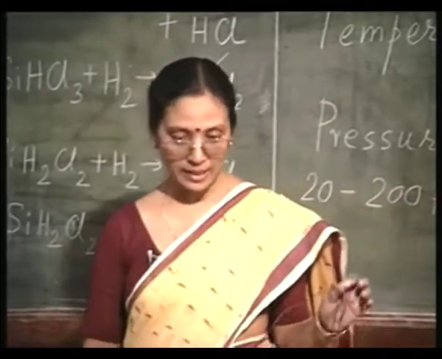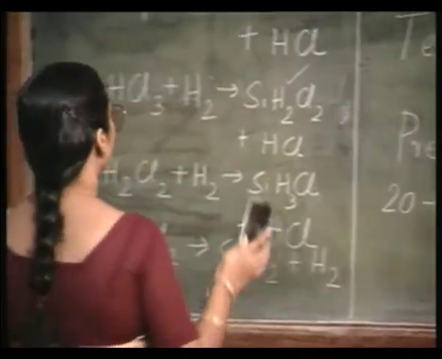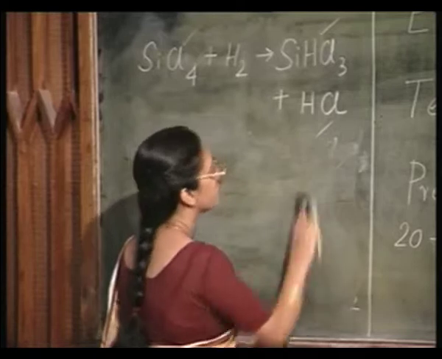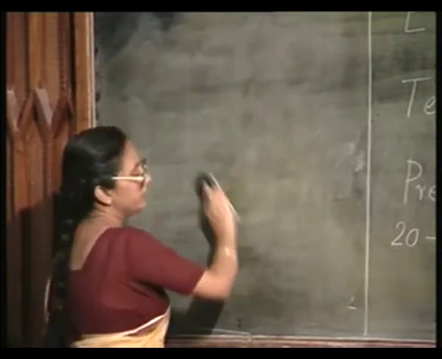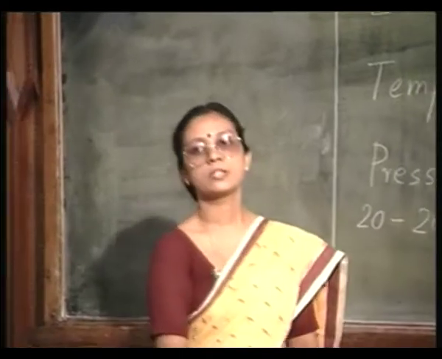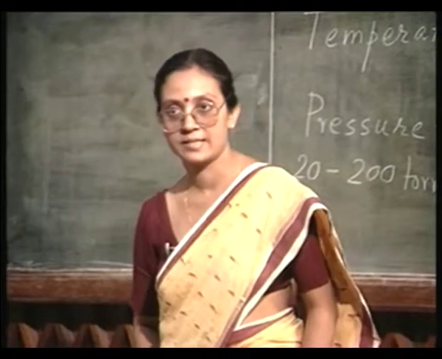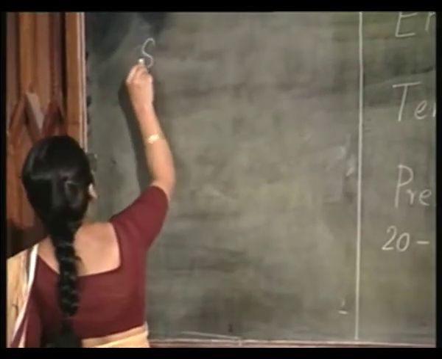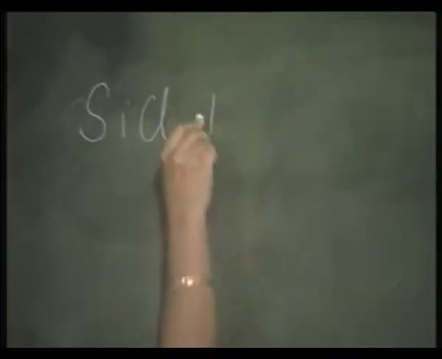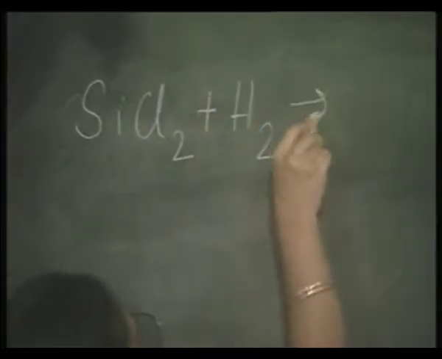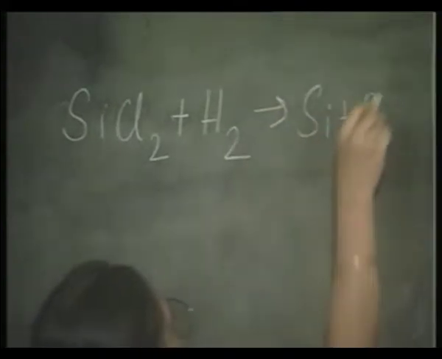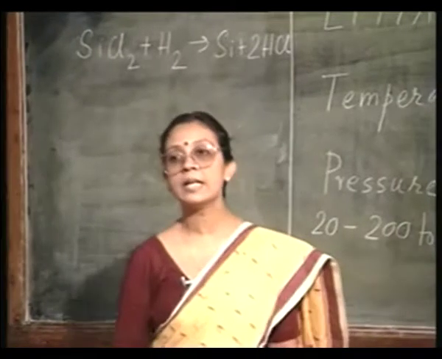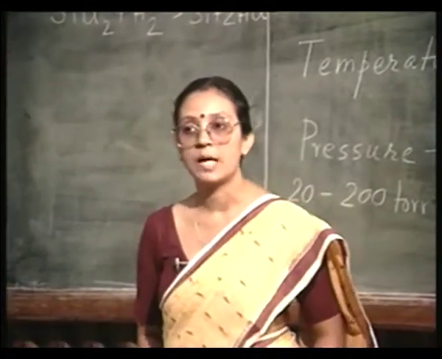Okay. So, there are a few critical points to remember about this chemical reaction. First of all, this reaction is called surface catalyzed, that is, this reaction will take place only in the presence of sample surface.